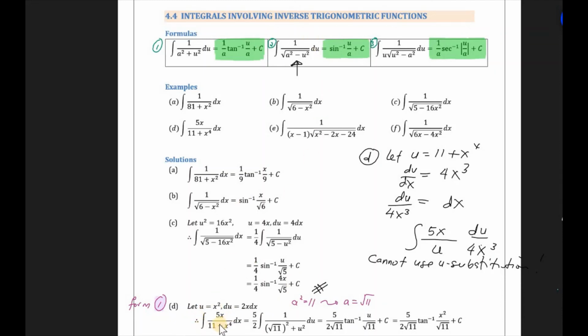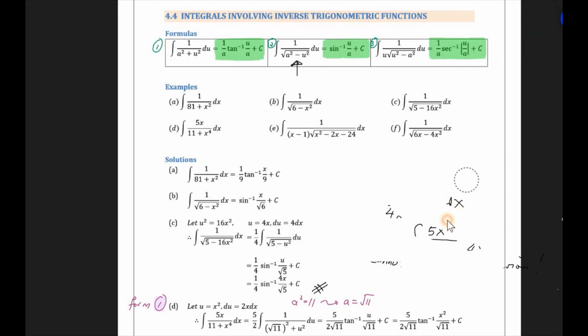And as we are comparing it to this formula, it works. First, you have to make sure that you get only 1 over. So let's do this again. Erase this. So the simple substitution does not work. To get to this format, you might like to simplify by recognizing what will be the u.